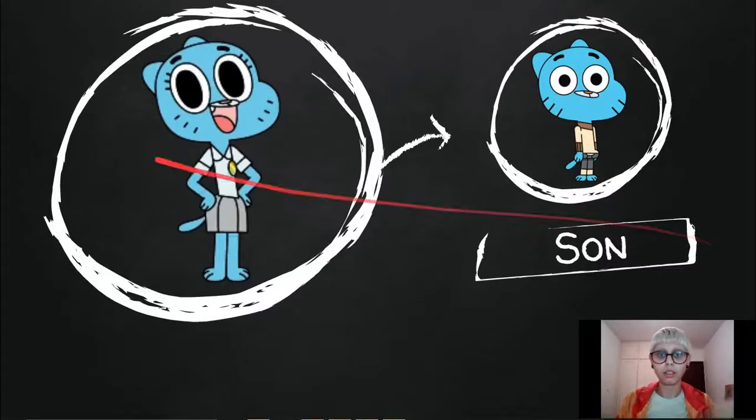This is Nicole. And this is Gumball. Gumball is Nicole's son. She is Gumball's mom, which makes Gumball her son.